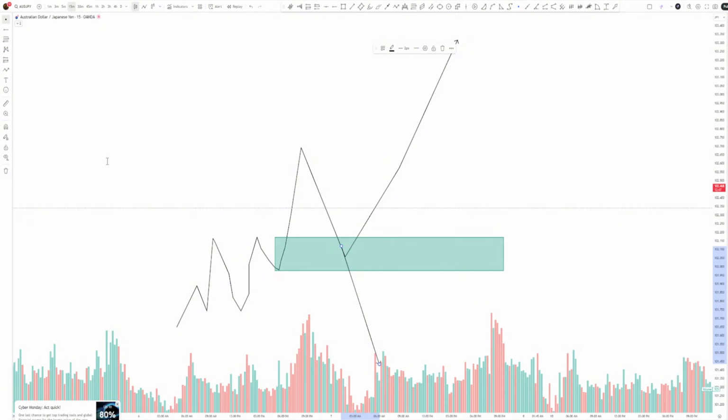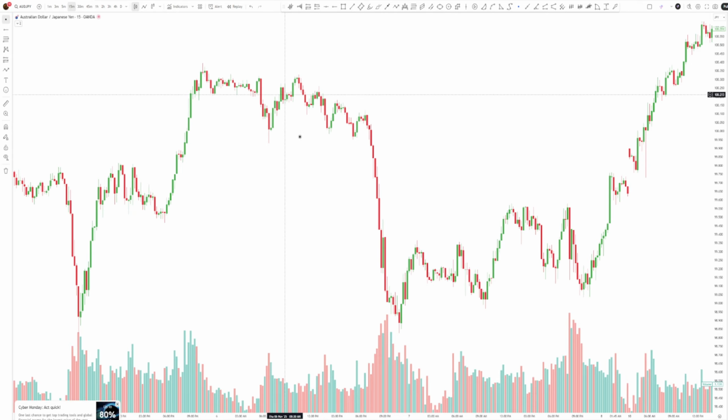Now, it is the footprint of smart money in smart money concepts, or SMC trading. Picture this: institutions don't chase price, they set it. They accumulate orders in a tight range during consolidation. Here you can see this is the tight consolidation, and this is where the institutions set the prices.